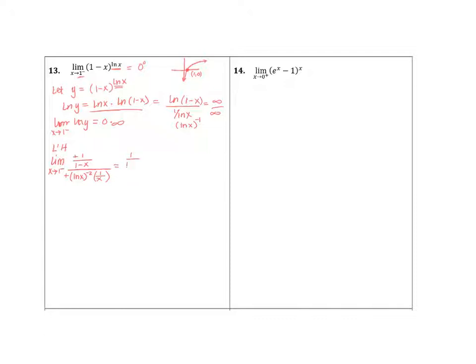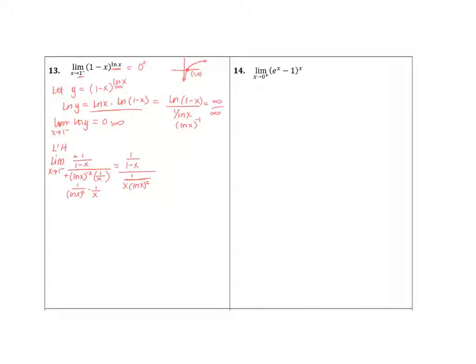We have 1 over 1 minus x. And this down here, that's 1 over the natural log of x all squared times 1 over x. So that looks like all of that's going to be over 1 over x times natural log of x all squared.